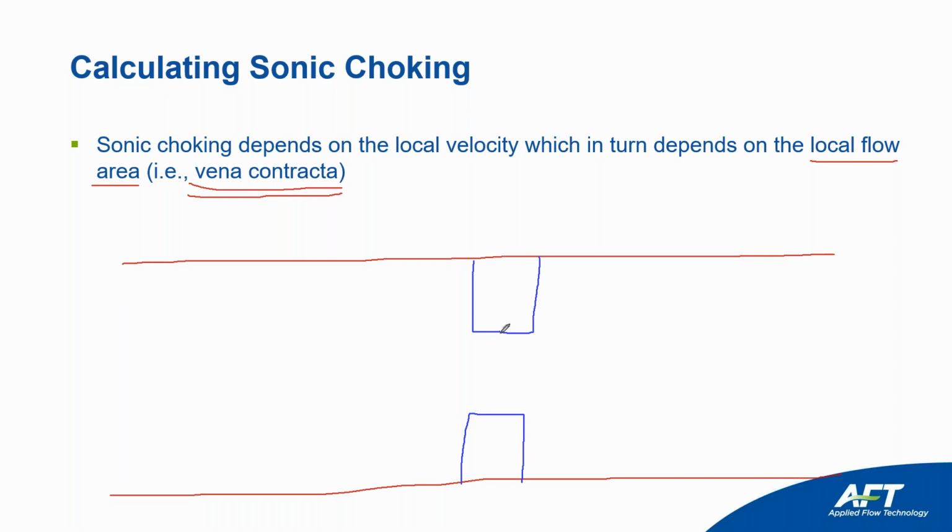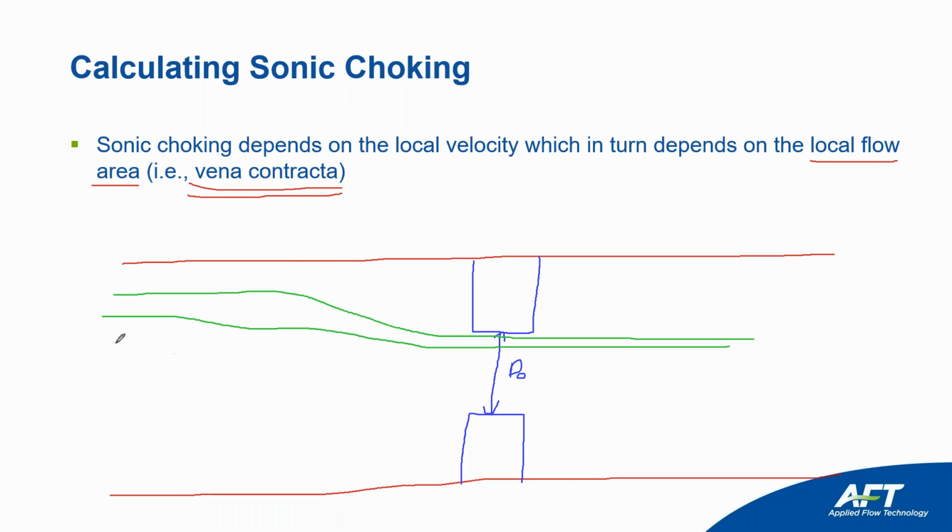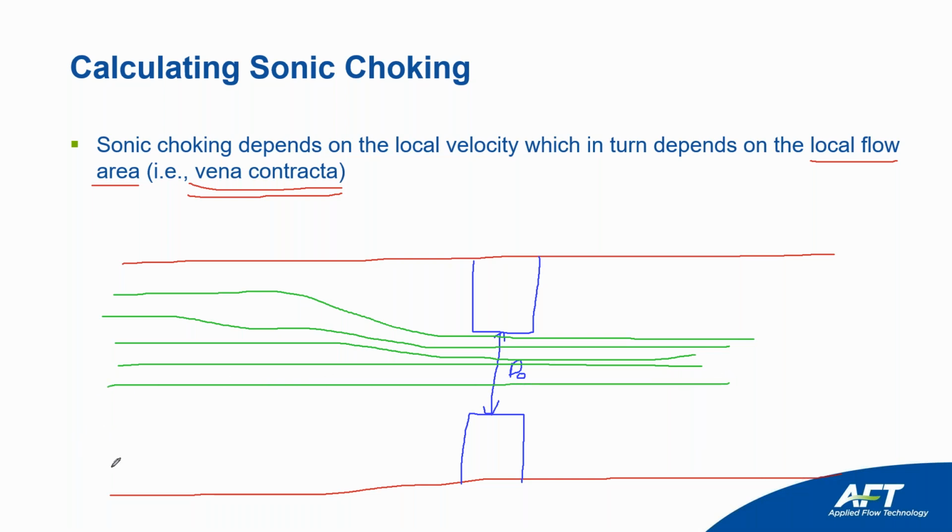What we have here is our diameter of the orifice, d sub 0. That's the diameter of the orifice. Okay. Now in green, I have my gas molecules that are flowing through the restriction. And so in order to get through that restriction, the gas velocity increases dramatically.